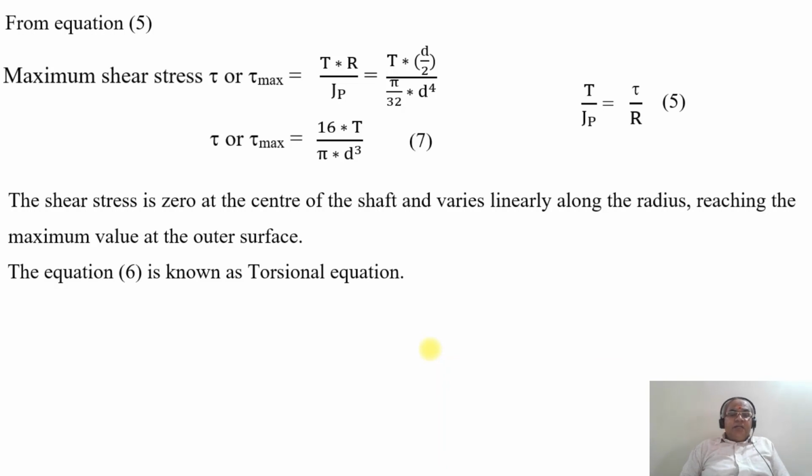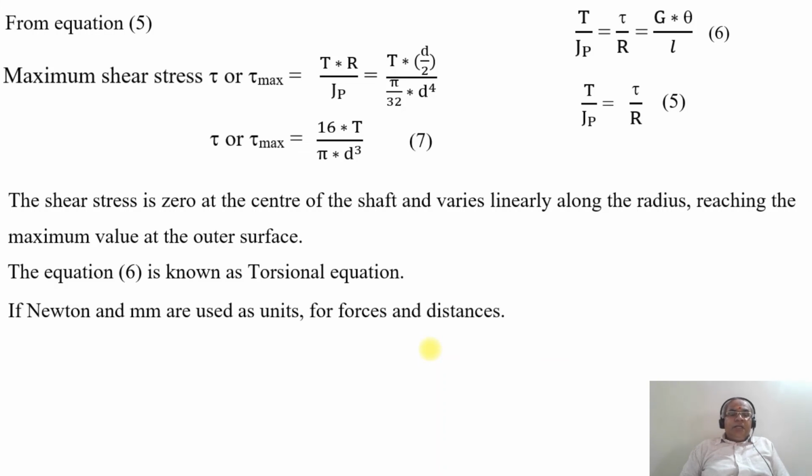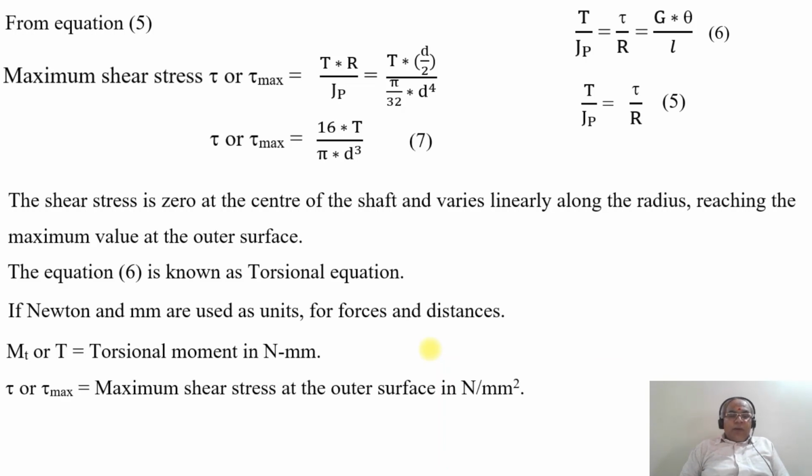Therefore, equation 6 is known as the torsional equation, which is T by Jp is equal to tau by R is equal to G into theta by L, where, if Newton and mm are used as the units for forces and distances, T will be the torsional moment in Newton mm, and tau or tau max will be the maximum shear stress at the outer surface in Newton per mm square.